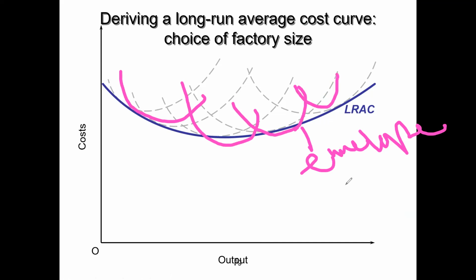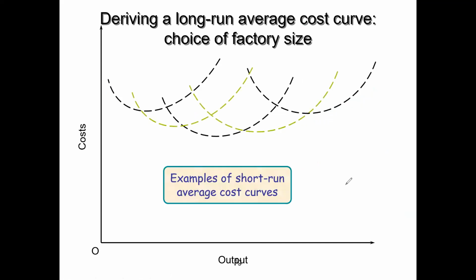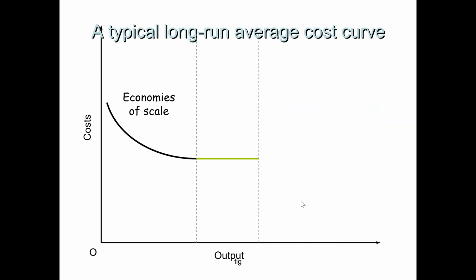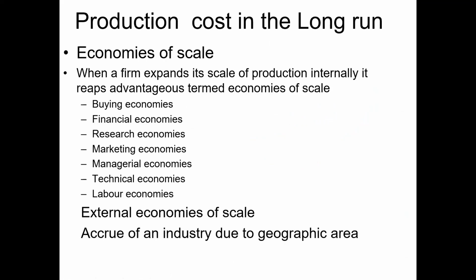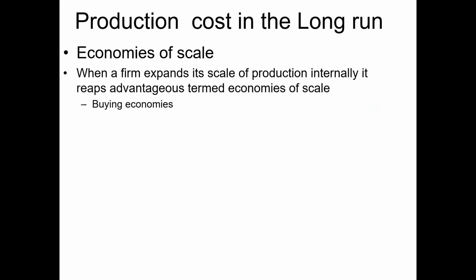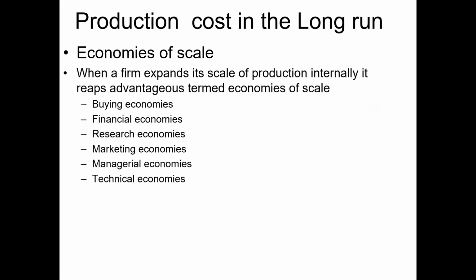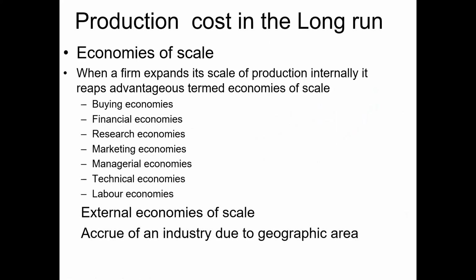There are two different reasons for the shape of the short run cost curve and the shape of the long run cost curves. Both take a U shape, but the reasons are different.